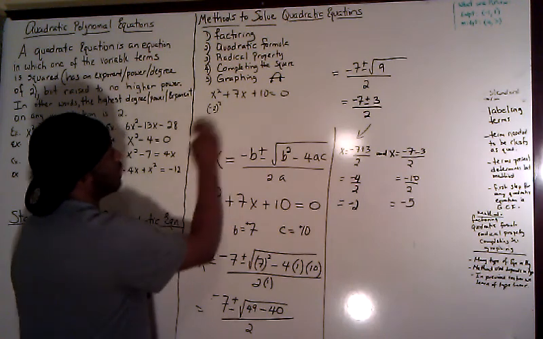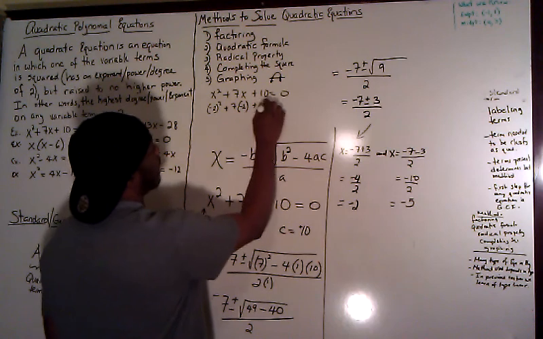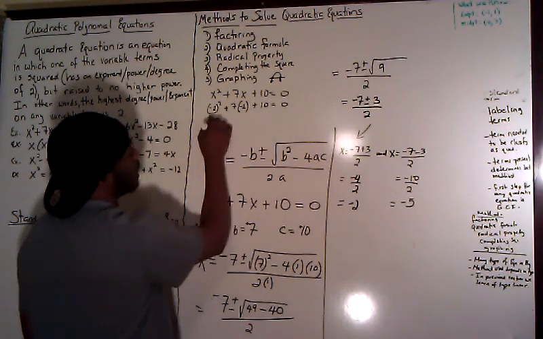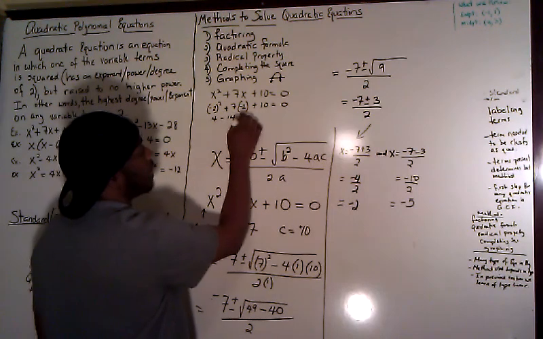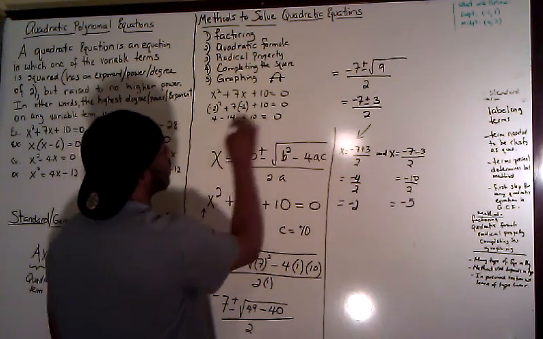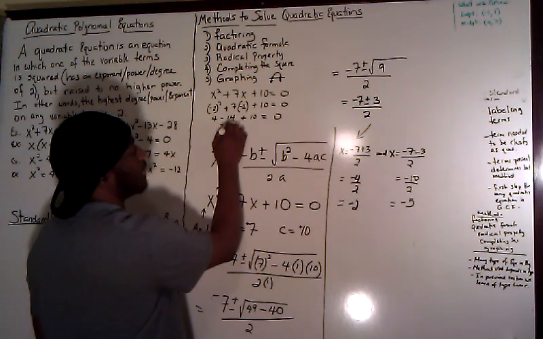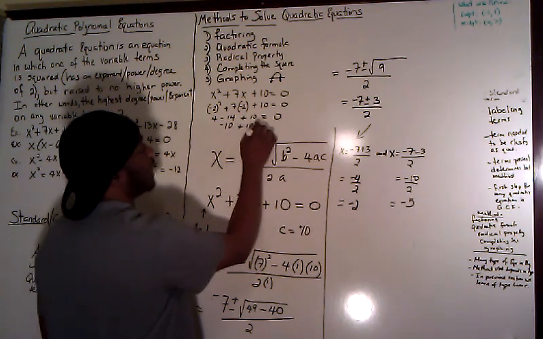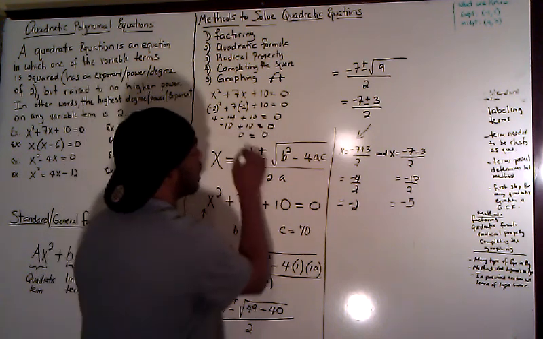Whenever we make a substitution, we use parentheses. Plus 7 times negative 2 plus 10 equals 0. Negative 2 squared is 4. 7 times the negative 2, that's negative 14. Plus 10 is equal to 0. So this is 4 minus 14. That gives me a negative 10. Plus 10 equals 0. Negative 10 plus 10, we have 0 equals 0.